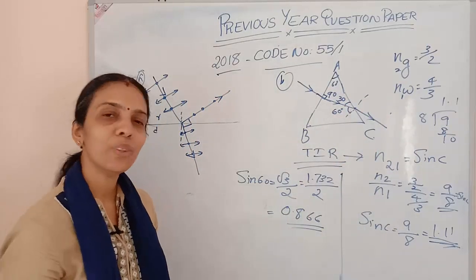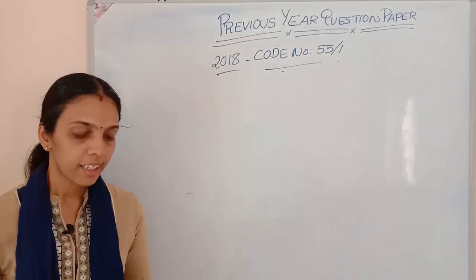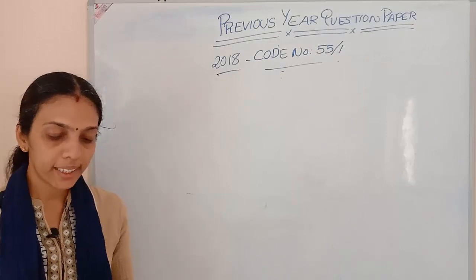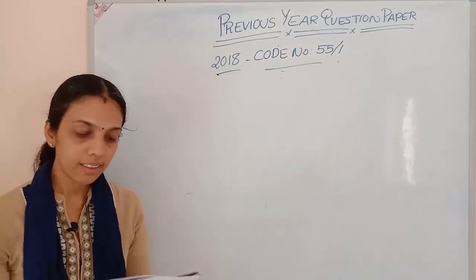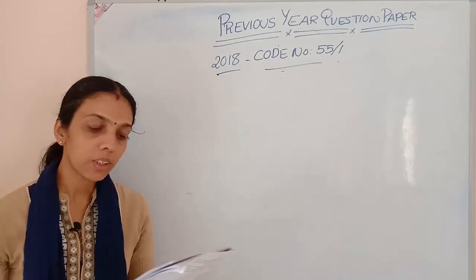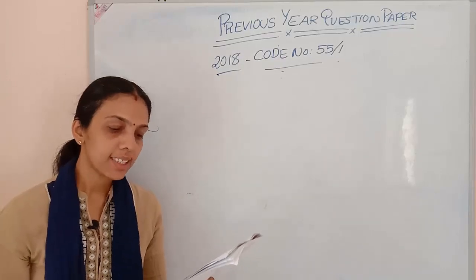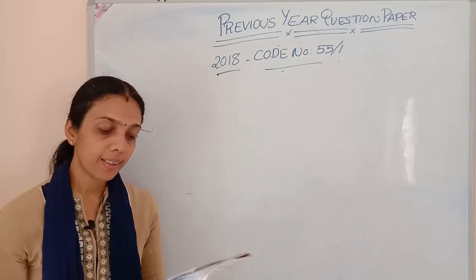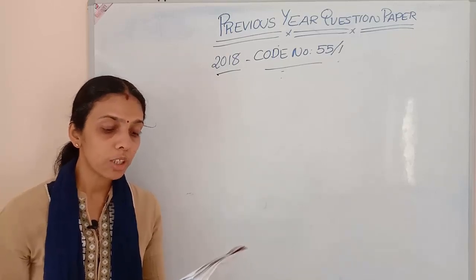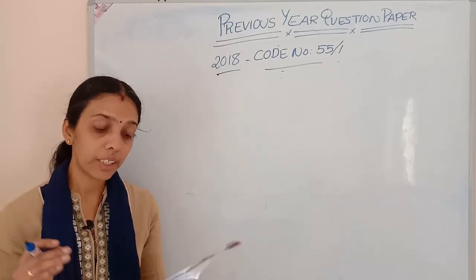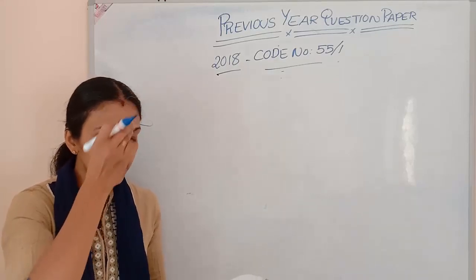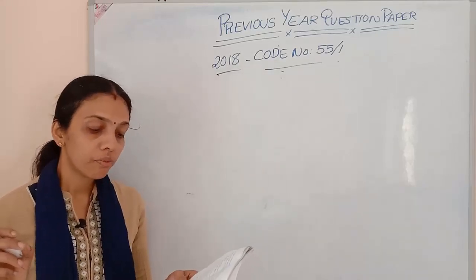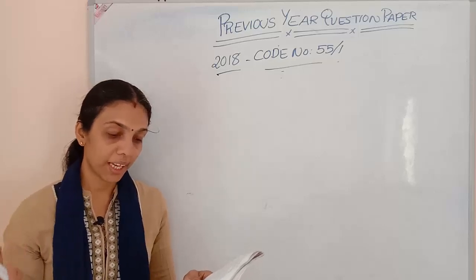Clear for you? The next one is: if one of the two identical slits producing interference in Young's experiment is covered with glass, so that the light intensity passing through it is reduced to 50%, find the ratio of the maximum and minimum intensity of the fringe in the interference pattern.